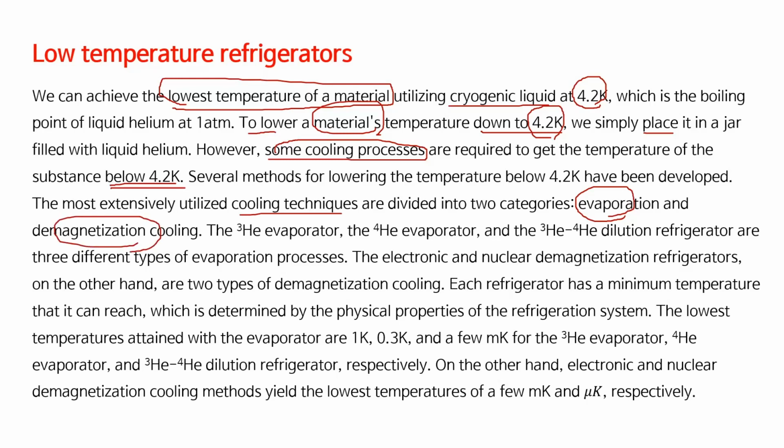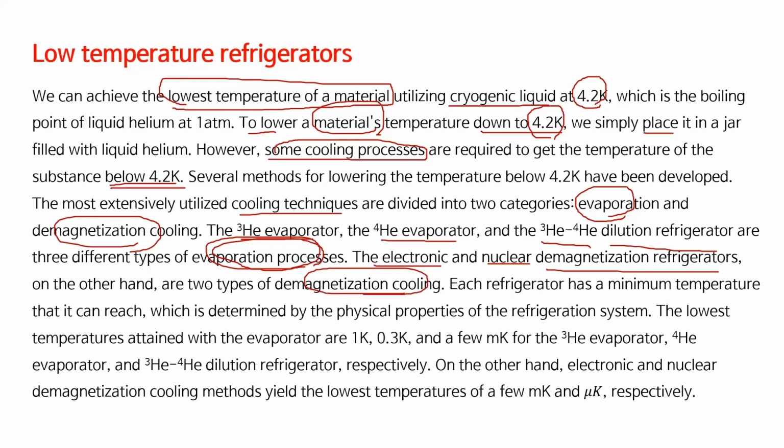The helium-3 evaporator, the helium-4 evaporator, and the helium-3, helium-4 dilution refrigerator are three different types of evaporation processes. The electronic and nuclear demagnetization refrigerators, on the other hand, are two types of demagnetization cooling.